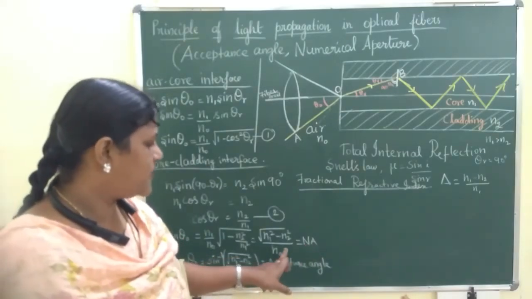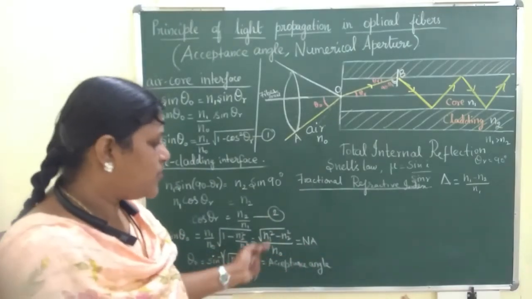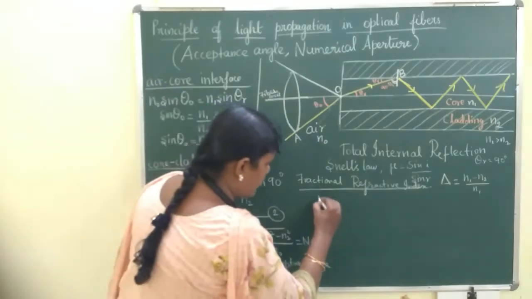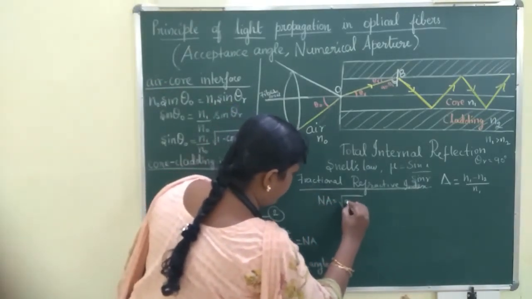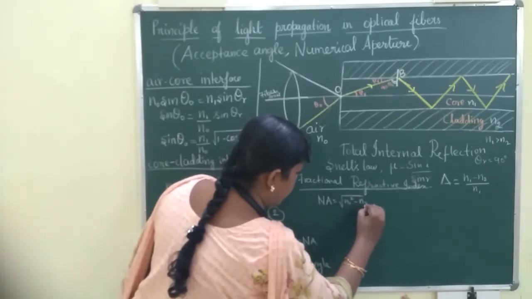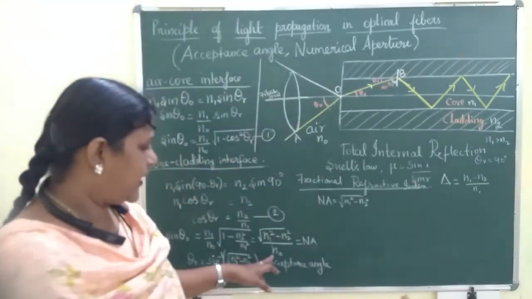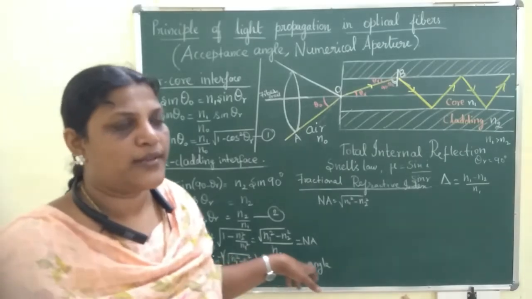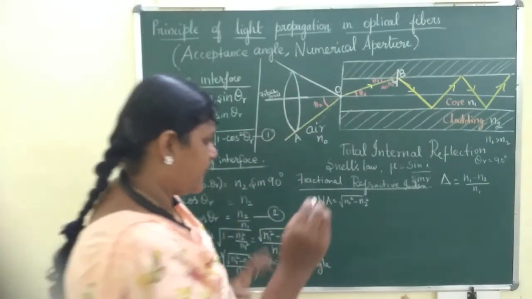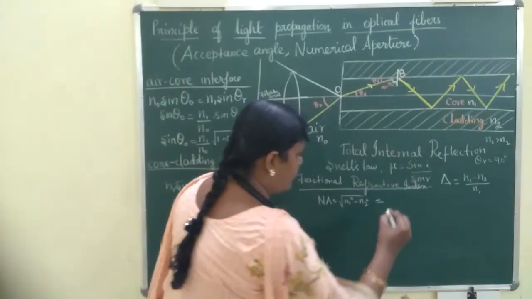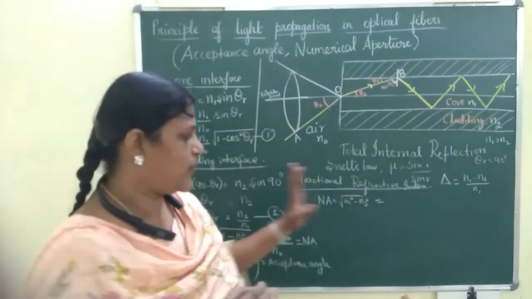So numerical aperture நம்ம rewrite பண்ணி எழுதிக்கலாம். Numerical aperture equal to root of n1 square minus n2 square. I am going to take this n0 as 1 since I have kept the optical fiber inside the air medium. Okay, இது a square minus b square formula இருக்கு.